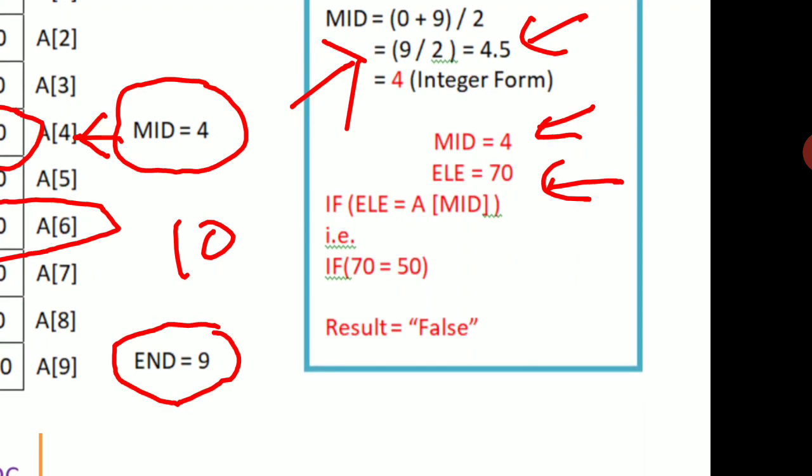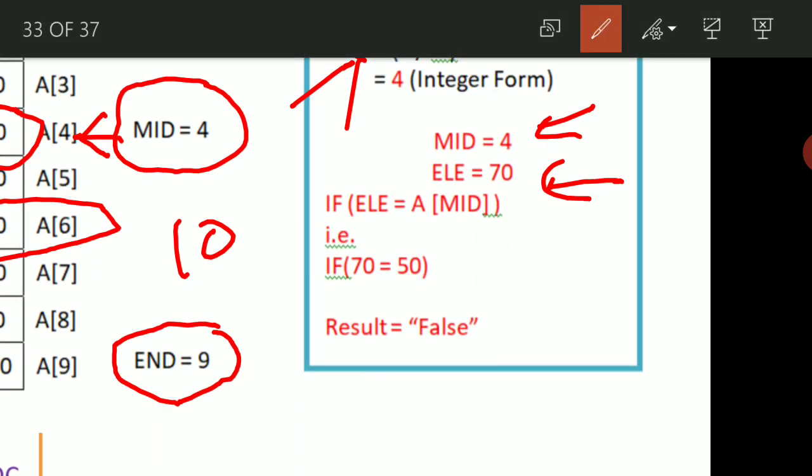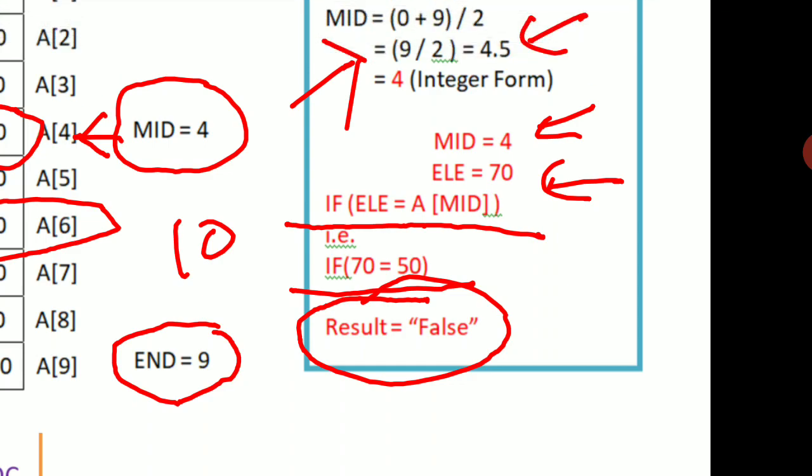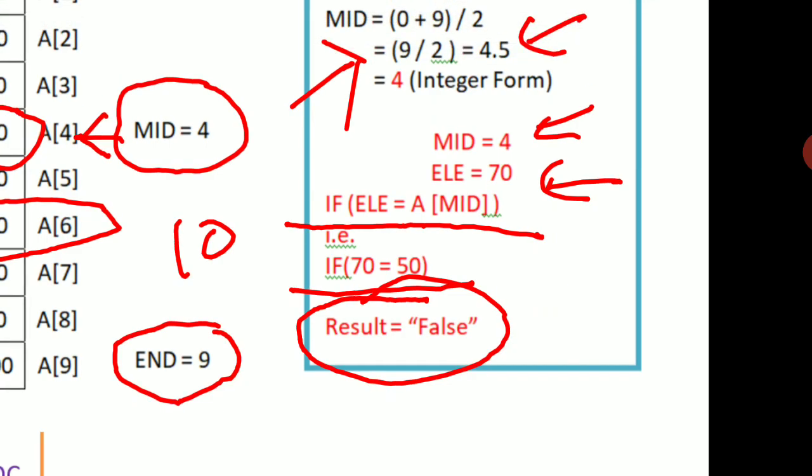What are we trying to do here? We are searching for 70. Now the question is, if element is equal to A of 4, because mid value is 4, that is, if 70 is equal to 50, what result are we going to have? The result is going to be false, because 70 is not equal to 50.